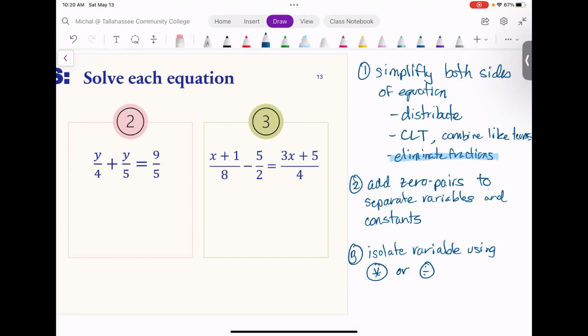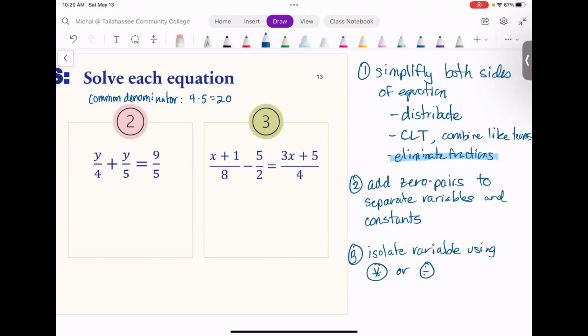A common denominator in this case can be gotten by multiplying all of the different denominators together, 4 and 5. So I'm going to multiply every single term in this expression by 20, which is a common denominator.